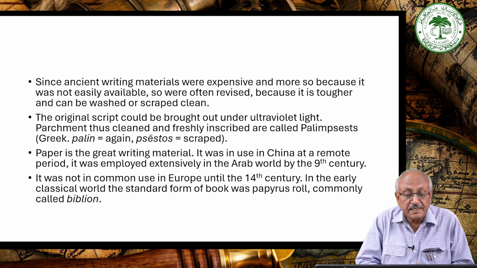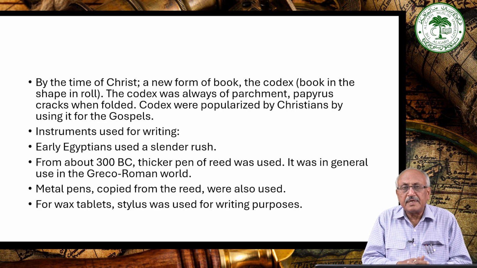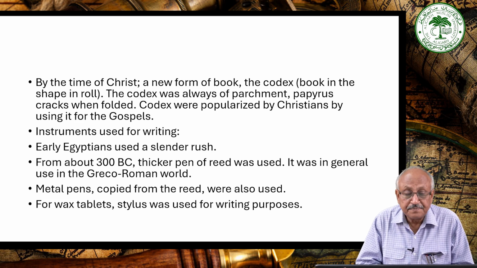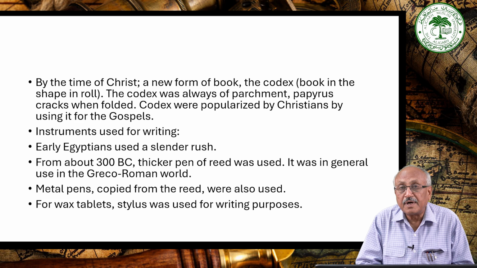In the early classical world, the standard form of book was the papyrus roll. They are commonly called biblion. Biblio is book, and from there we have bibliothèque, that is library. By the time of Christ, a new form of book, the codex, famous for the Gospels, appeared, a book in the shape of a roll.